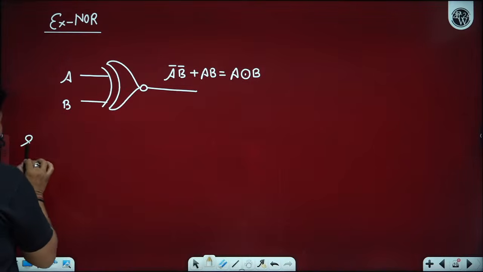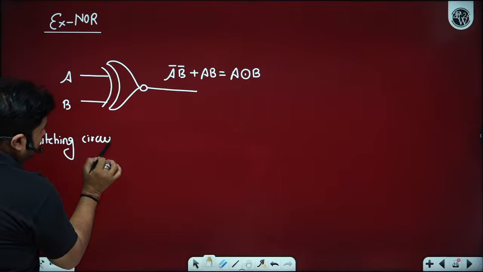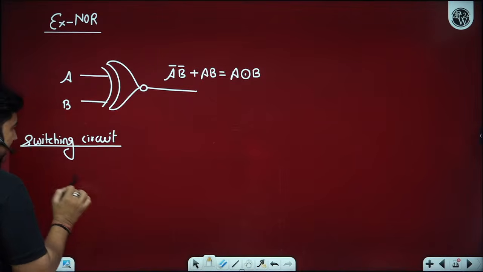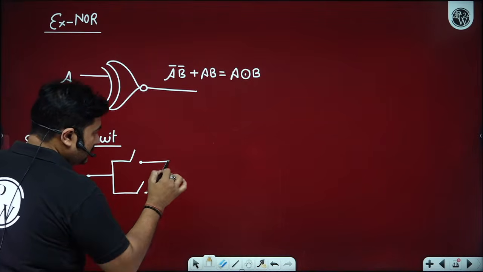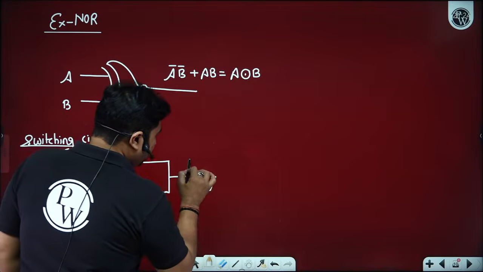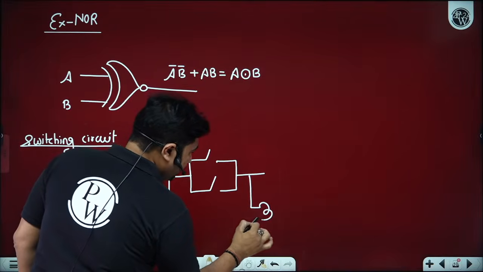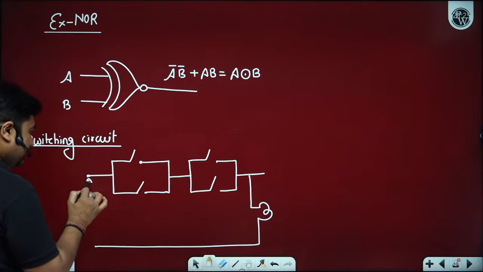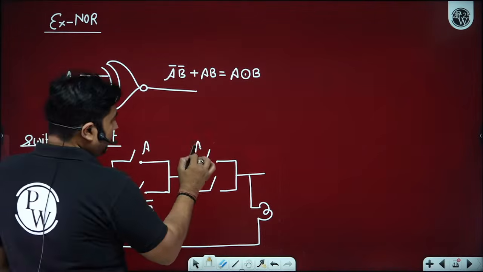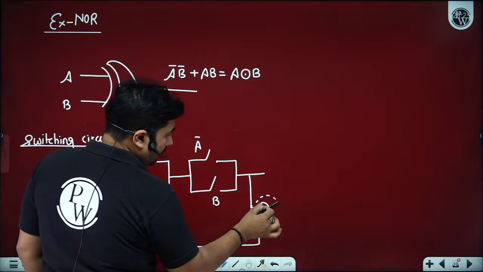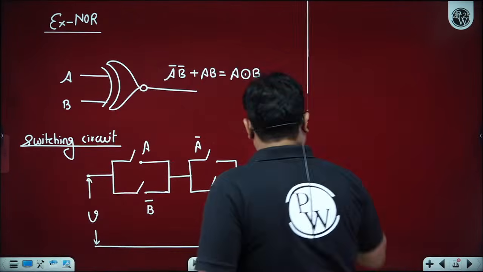If we talk about the switching circuit for the XNOR gate, then its switching circuit indicates that the XNOR gate can also be designed for two inputs only, because here we have inverted switch positions: A B bar, A bar B. Whenever the lamp glows, we say output is detected as logic level 1.